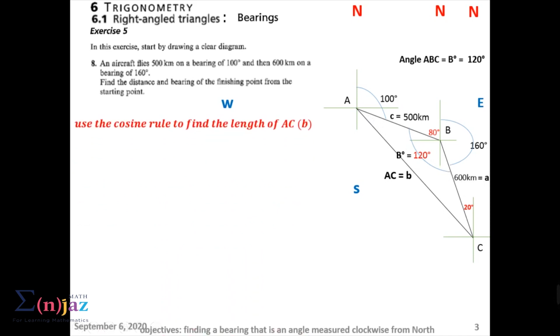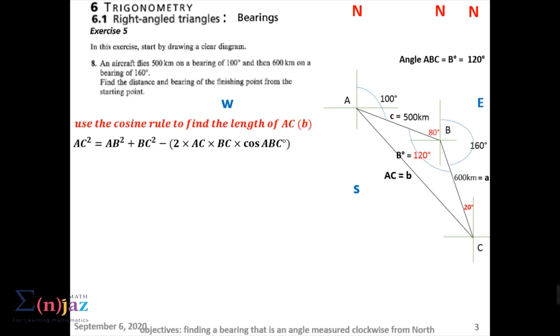Now, we're going to use the cosine rule to find the length of AC, or small b, in other words. So the cosine rule, we're finding b. We're going to say the unknown side, which is AC, to the power of 2. The other two sides are AB and BC: AB squared plus BC squared minus, in brackets, 2 times AB times BC times cosine ABC.